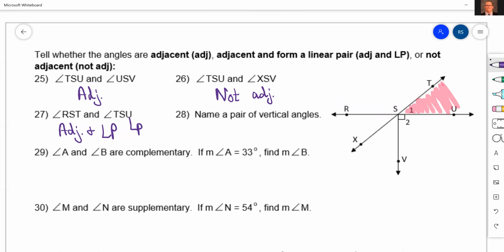So this pink angle here, that's against two lines. Now let's look on the other side. So they don't share a side, but they are vertical. See how they meet here in the middle? Think of it like you're just touching noses.